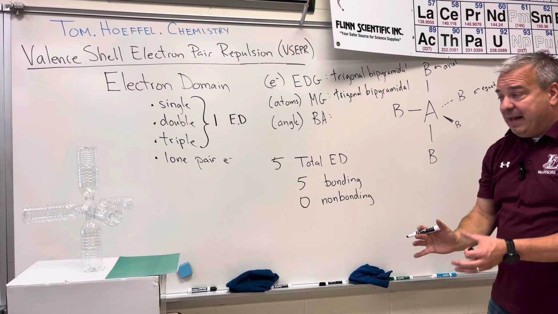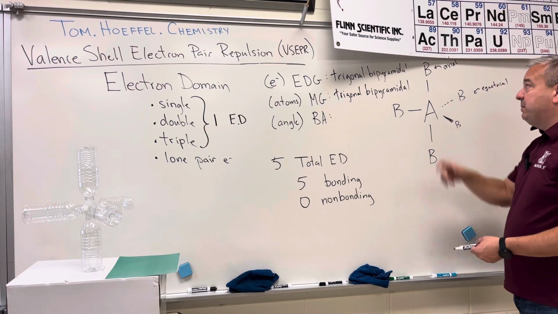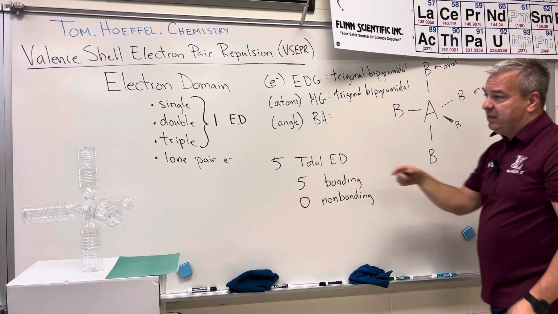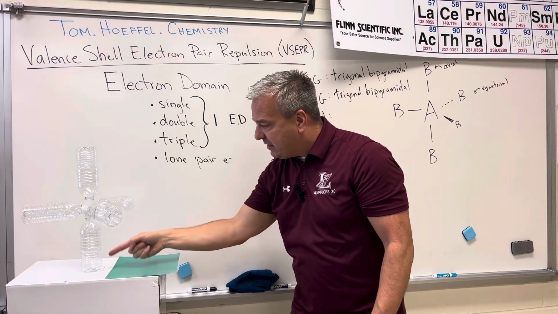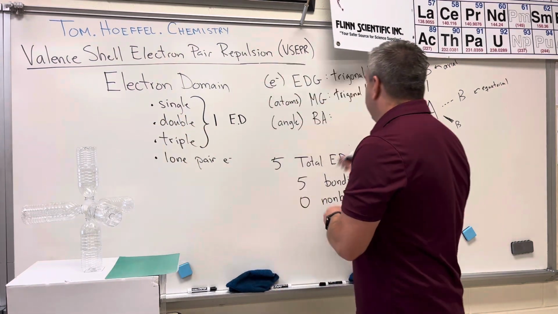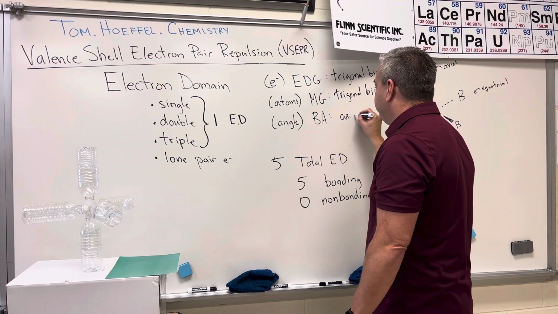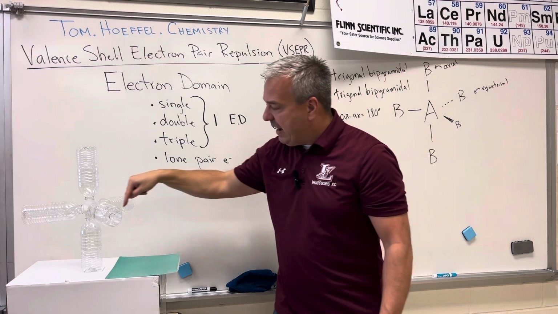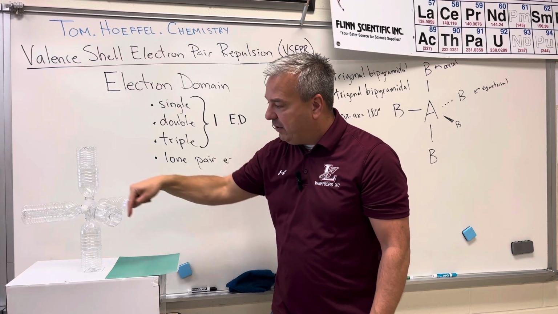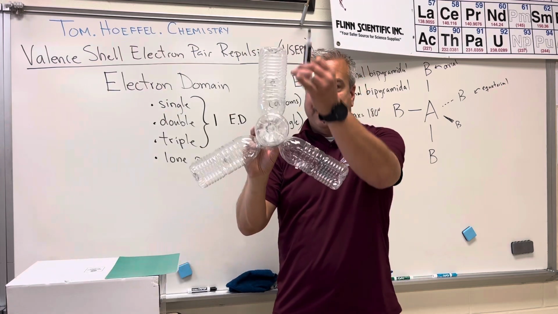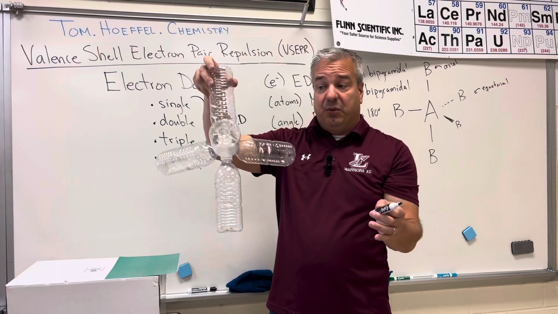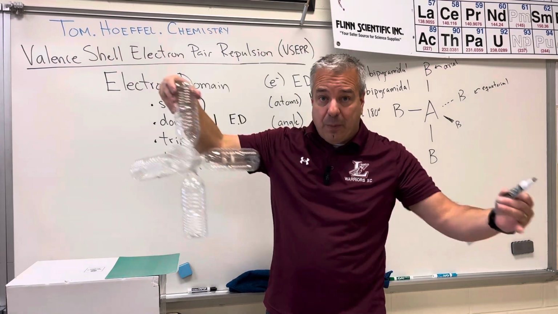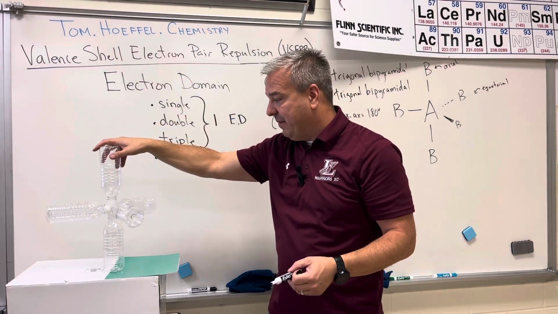Now, when it comes to bond angles, there's different angles because we got these different positions. If we're talking about axial to axial, that's going to be 180. If we're going equatorial to equatorial, that's going to be 120 because really that's kind of like trigonal planar still. So really this is like trigonal planar and linear put together at the same time, okay?